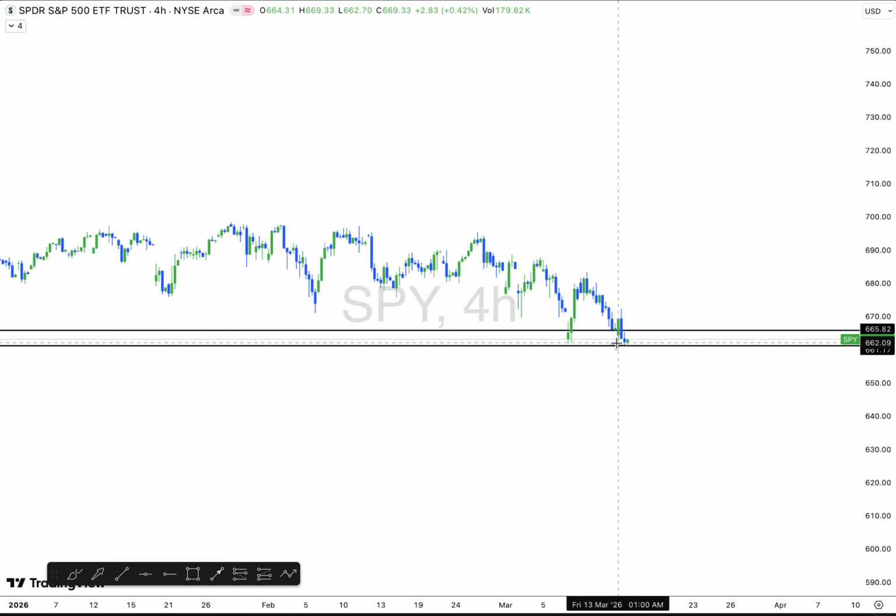But if you look at the opening on this green candle, which is 664.31, if you look at the closing on this one, it is 669.33. If you look at the opening on the candle next to it, we'll see what that is. 669.37. 669.33. So we are not that far off from here.